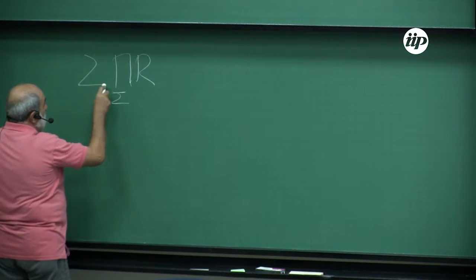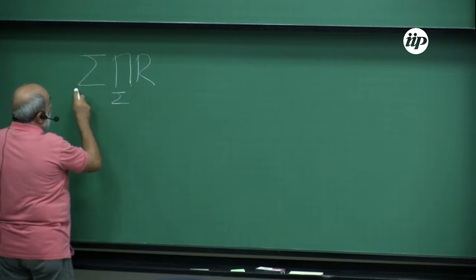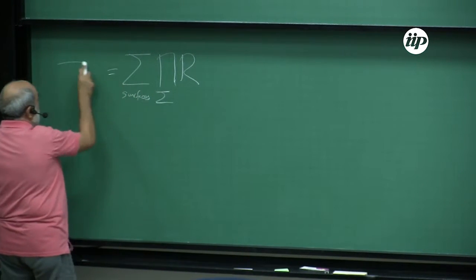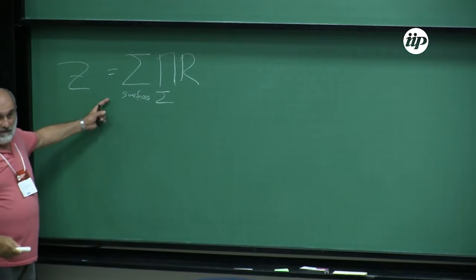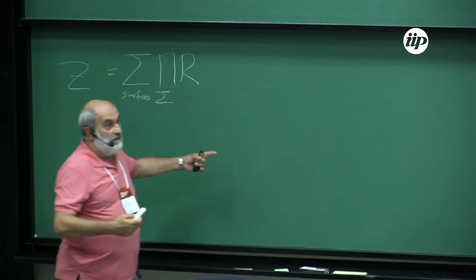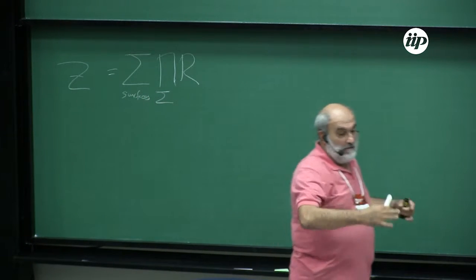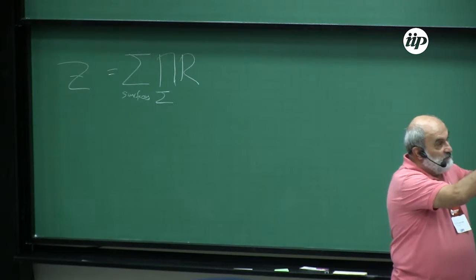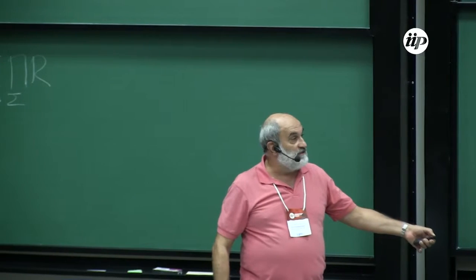And then I will take the sum over all surfaces. This partition function will give me the theory for when this particular integrable model with R matrix is considered on a fluctuating surface like this.